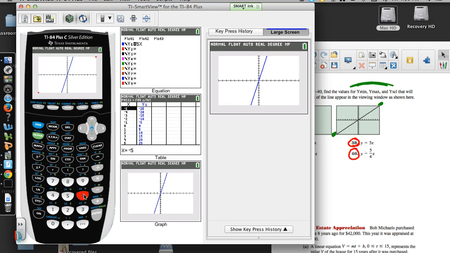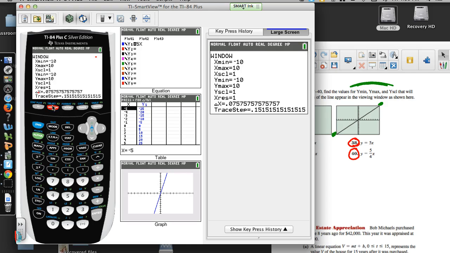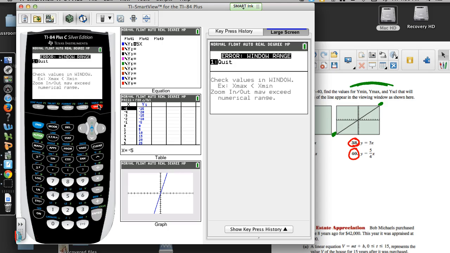So we just try something and we see whether or not it works if we don't know what we're doing. So we go down to the y's and we say, all right, you know what, negative 10 to 10 is not working. I can't see what I want to see. So maybe I'll try negative 25 to 25 by ones and see what happens. Oops.